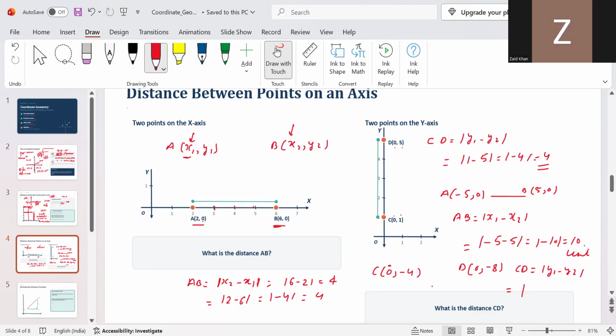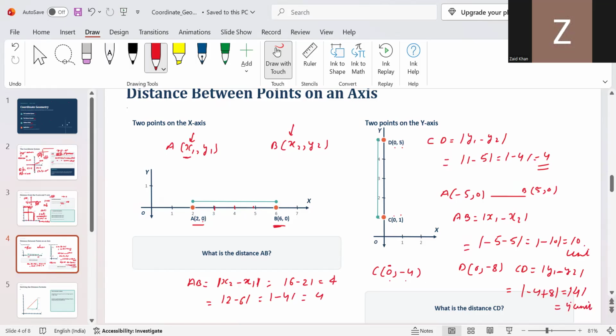So what is your y1? This is x1, y1, x2, y2. So minus 4, and minus is there and minus is also there, so this will be plus. Minus 4 plus 8: if we have two different signs, we always subtract the numbers and the answer takes the sign of the larger one. So the answer is 4.